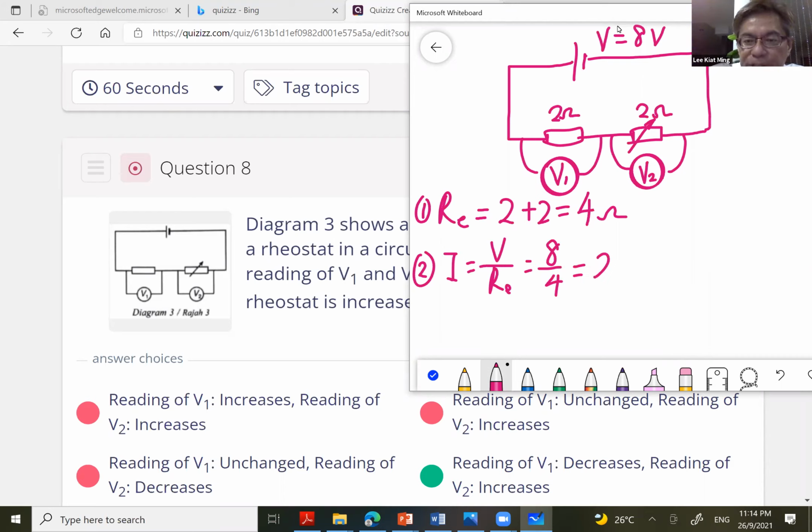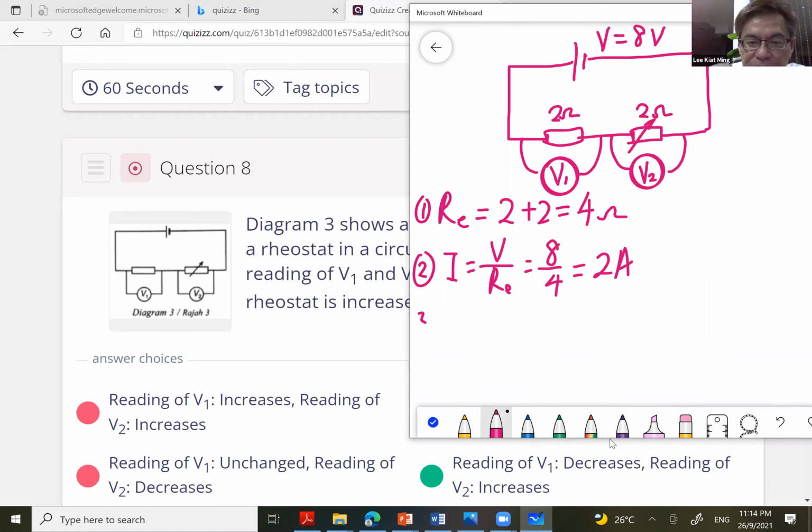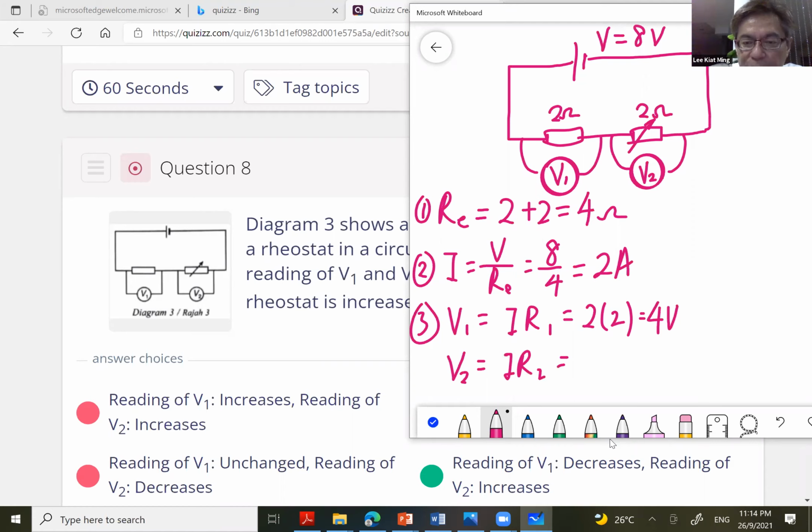Then we proceed to the potential difference reading for V1 and V2, and we know it will be the same number because R1 and R2 are the same. That will give you 2 times 2, which is 4 volt. We do the same thing for V2, so you have the same number because of 2 and 2. That's why the total potential difference becomes 8.